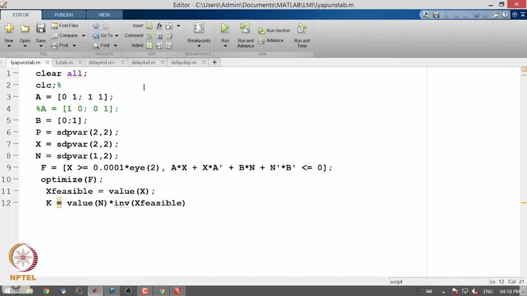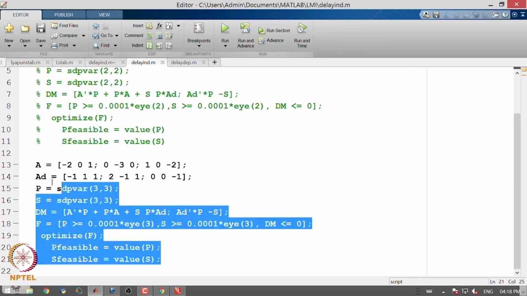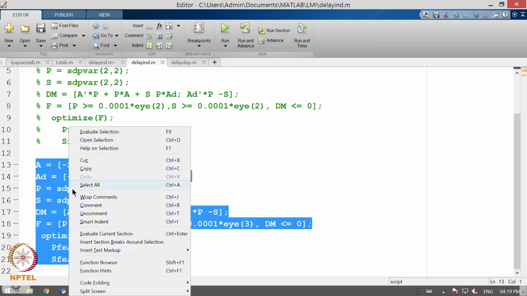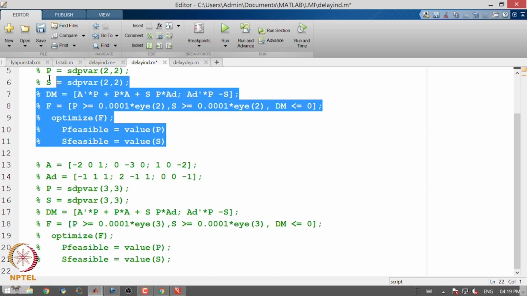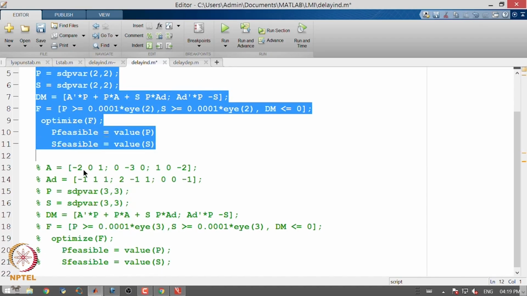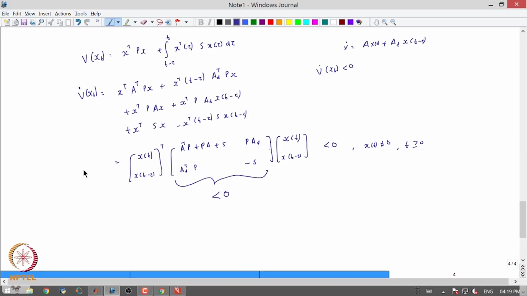Let me comment this out. What I will be interested in is to check for stability of this particular delay system.